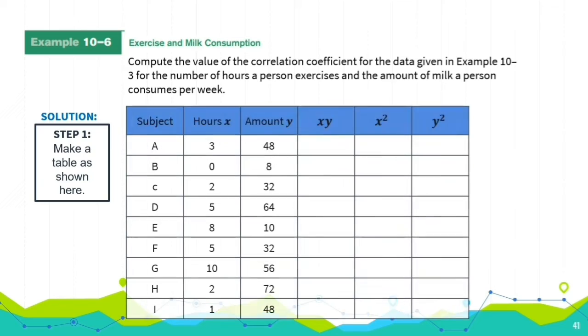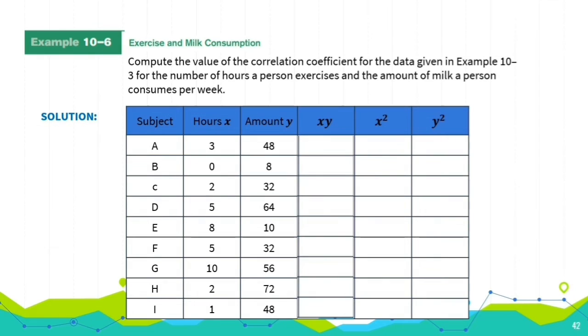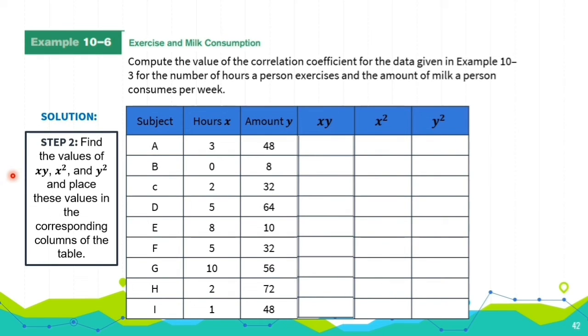So we have the 3 additional columns: xy, x squared, and y squared. For step 2, we find the values of xy, x squared, and y squared and place these values in the corresponding columns of the table. First is the xy. So we have 3 times 48 is equal to 144, 0 multiplied by 8 is equal to 0, and so on.